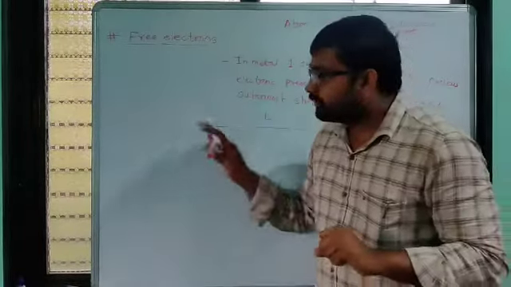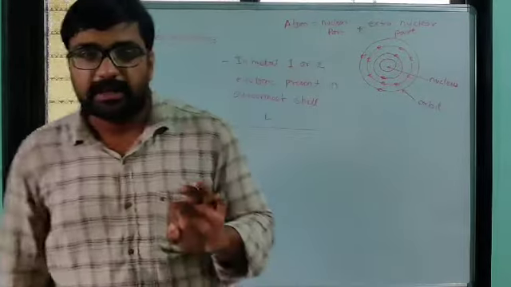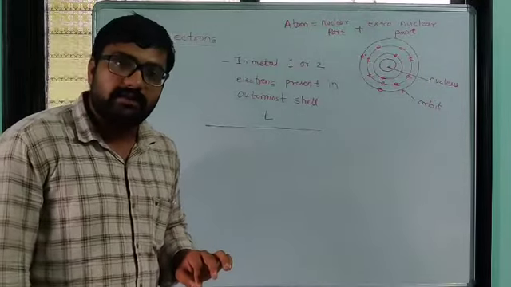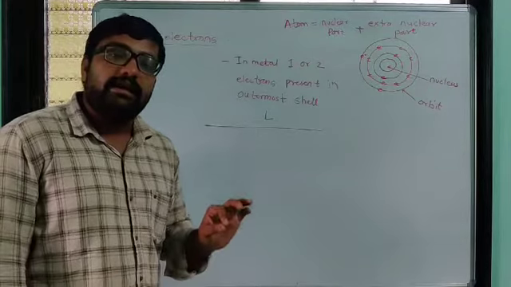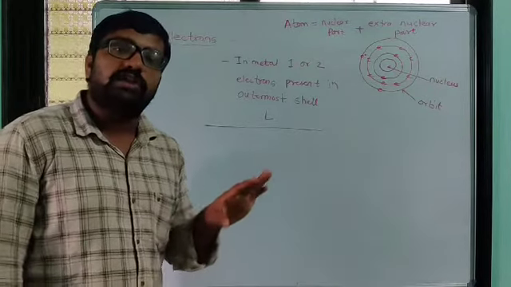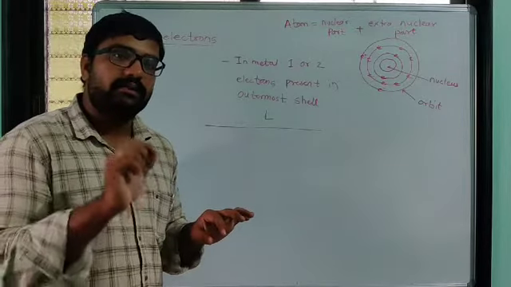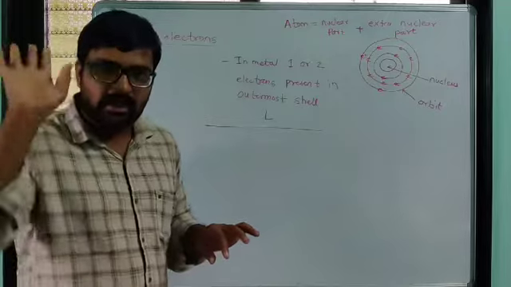Also, electrons are the carrier of negative charge. This statement is asked many times in examinations as a fill in the blanks: electrons are the carrier of dash dash charge.